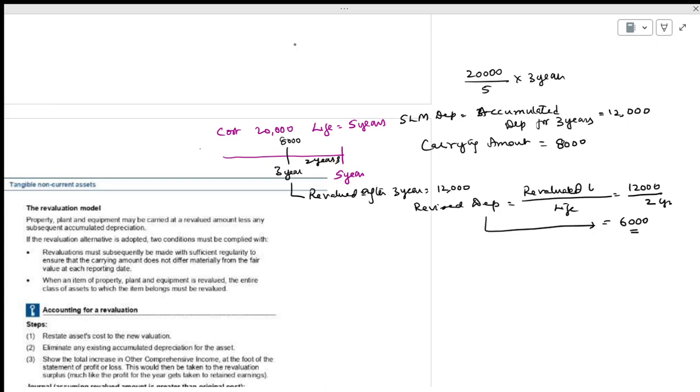Never. Very rarely will they give a residual value. I have done so many questions. If residual value is given, there are no further calculations. Most of the time there will not be any residual value.